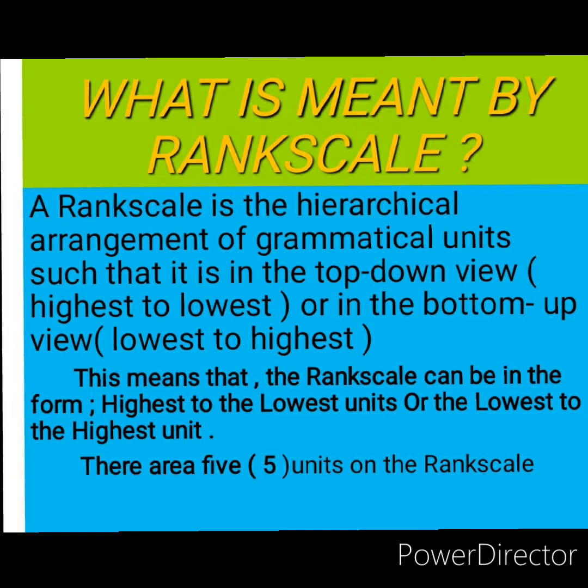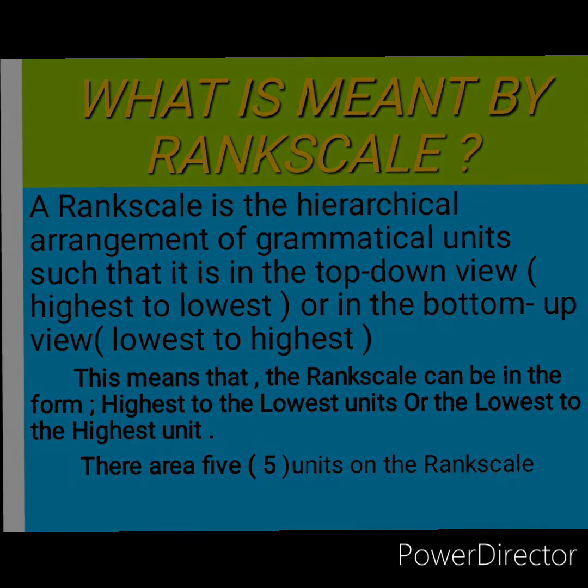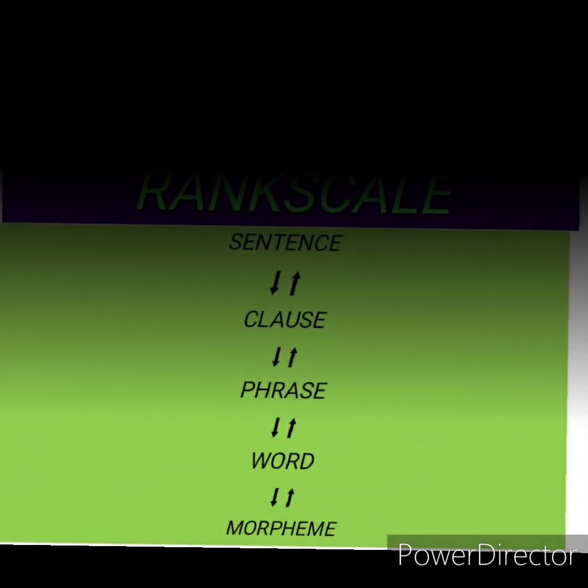That is in the top-down view, from the highest to the lowest, or in the bottom-up view, that is from the lowest to the highest. This means that the rank scale can be in a form of highest to the lowest unit or the lowest to the highest unit. Good. So there are 5 units on a grammatical rank scale.